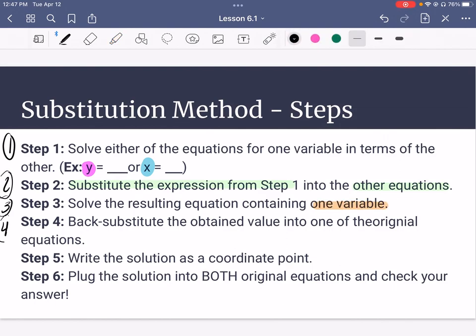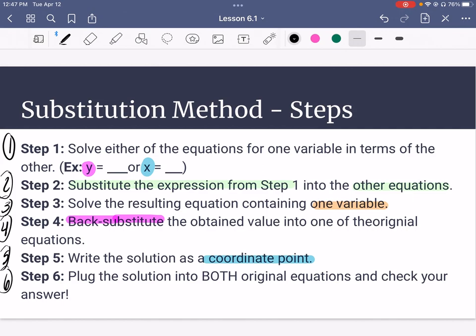Step 3, solve the resulting equation containing that one variable. So you're going to get one of your answers. Step 4, back substitute the value you just obtained into the other original equation to give you the other variable.